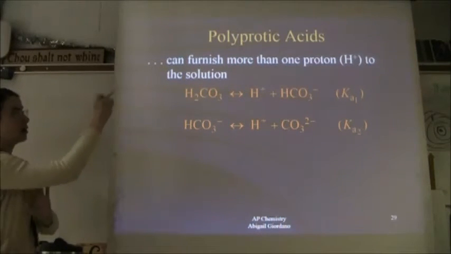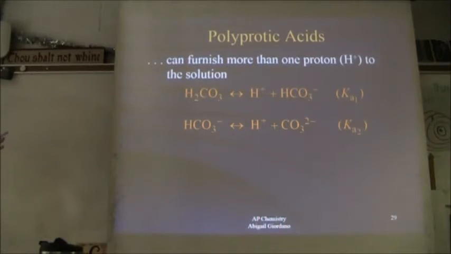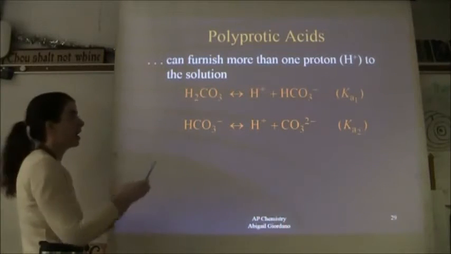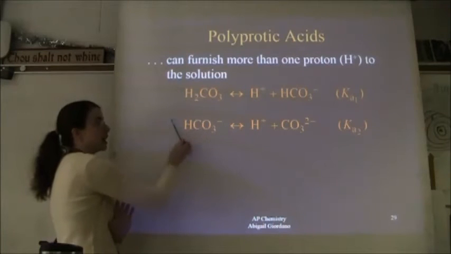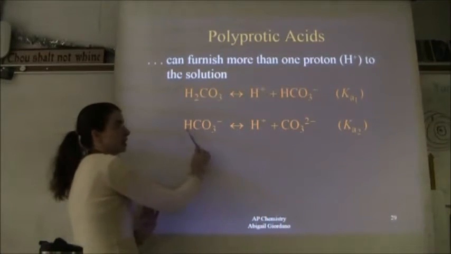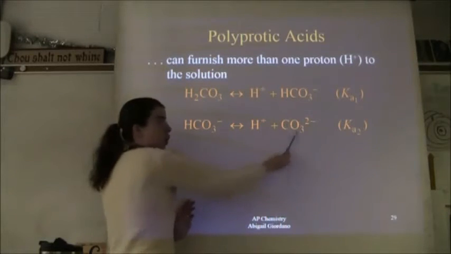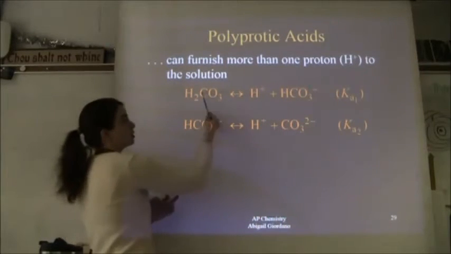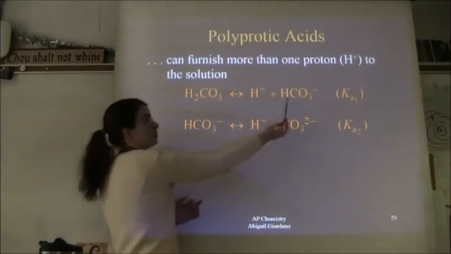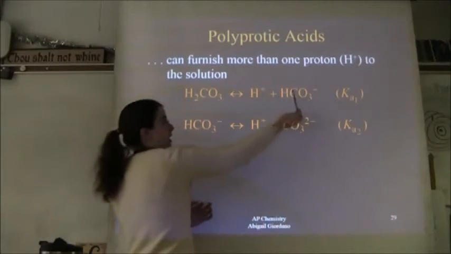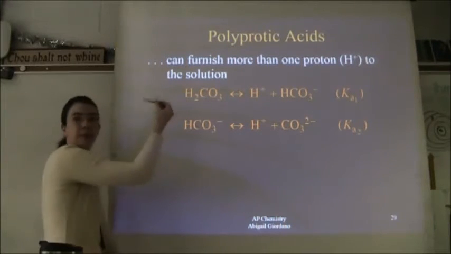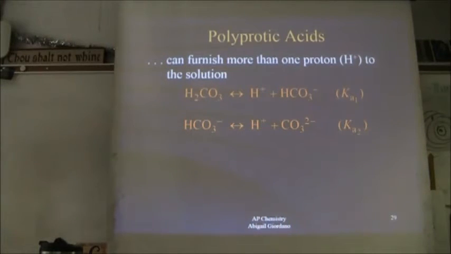What species up there, written in orange, is amphoteric? HCO3 minus, yeah, because HCO3 minus can donate a hydrogen and create just carbonate, or, you know, these reactions are reversible. This polyatomic ion can also accept a hydrogen as well.